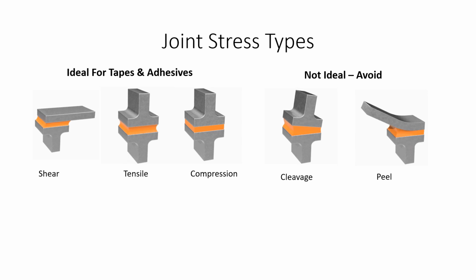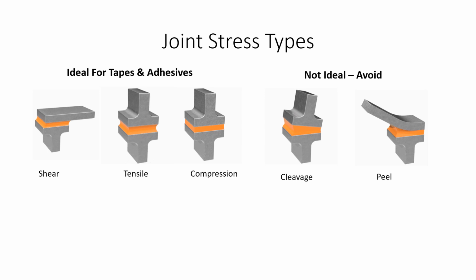So you have your shear stress, which is basically your sliding force. So if you're hanging something up on the wall, that stress downwards, that gravity pull, would be a shear stress type. Tensile strength is basically that pulling force. So if you hang something on a ceiling and that pulling force downwards, that gravity and weight force, that would be an example of a tensile stress.